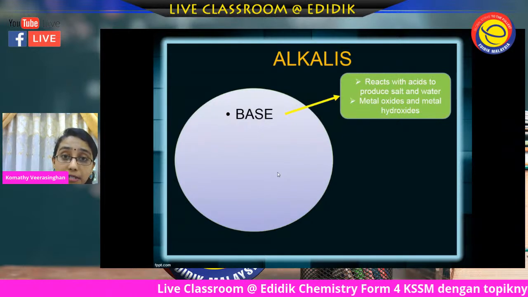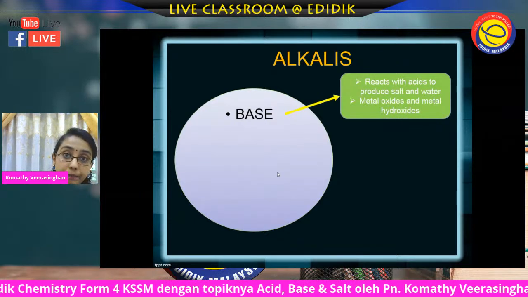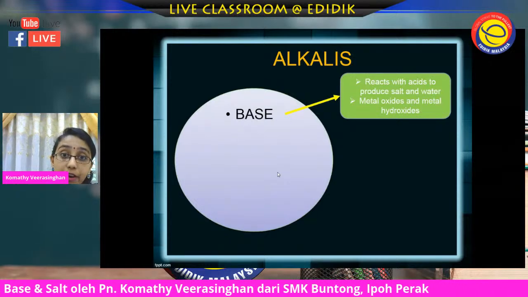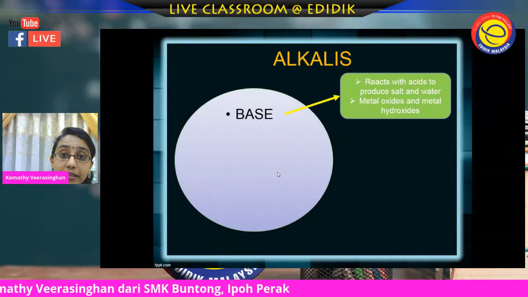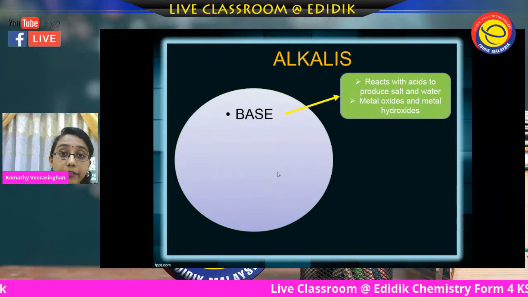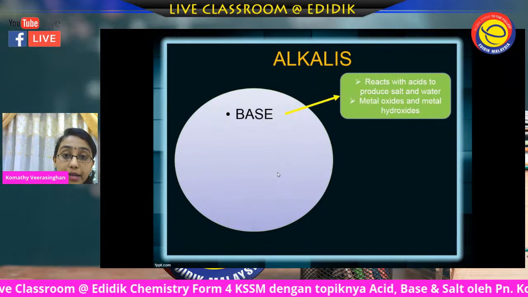All these metal oxides and metal hydroxides are called bases. So the definition of base is based on these metal oxides and metal hydroxides when they react with acid. If they can form salt and water, then we call them a base.